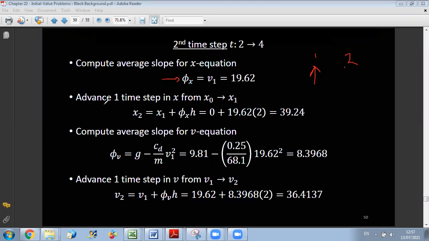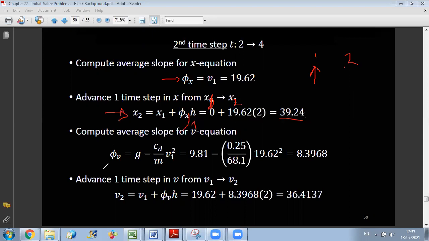Now I will advance one time step in x, sorry, here it's from x1 to x2. So if I advance from x1 to x2, I write that x2 using the Euler formula: x2 is x1 plus phi x computed at point 1, times h. So I get my x2.